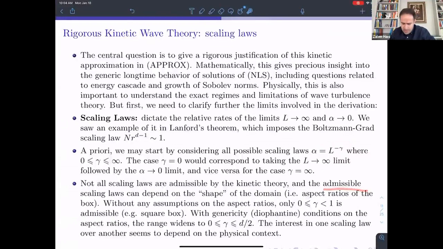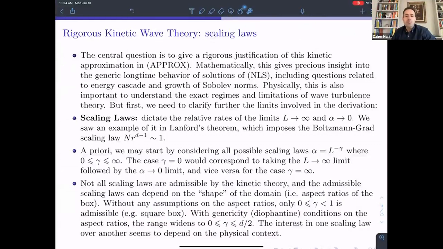The admissible scaling laws, or the admissible ranges of gamma, turn out to depend on the shape of the domain. In our case, since the domain is a box, this means the aspect ratios of the box. If you don't put any assumption on the aspect ratio of the box, if you want a general theory that works for any box, then you are restricted to the scaling laws gamma between 0 and 1. So alpha goes like L to the minus gamma, and gamma is between 0 and 1. In particular, this is the range for the square box.